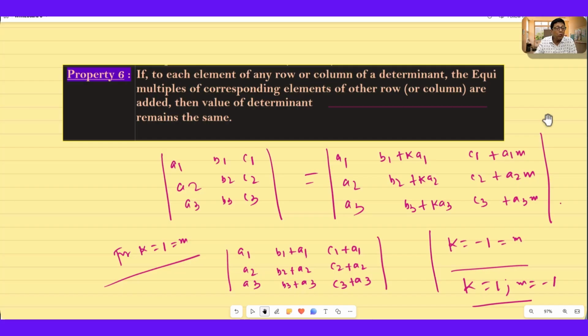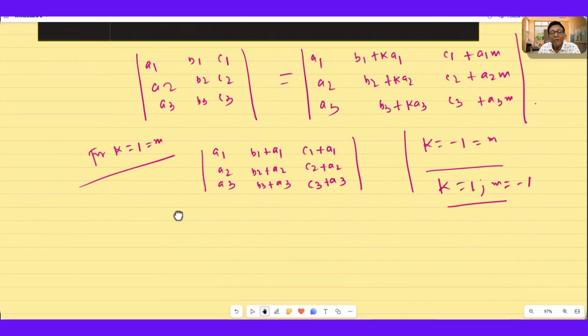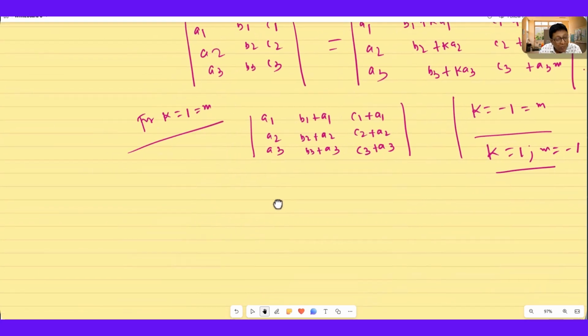True for columns also. Okay? All these properties will find application in solving some problems. But before doing that, if I want to demonstrate one very important concept here by using these properties, then it will be good for you.